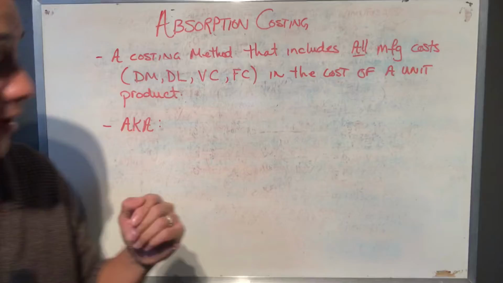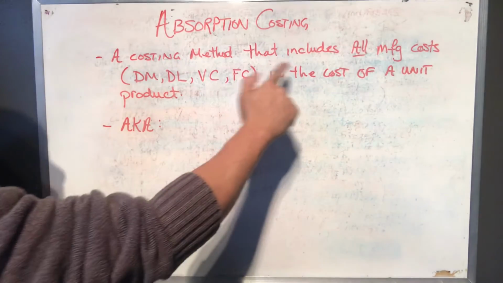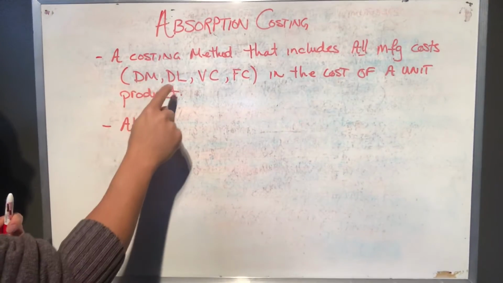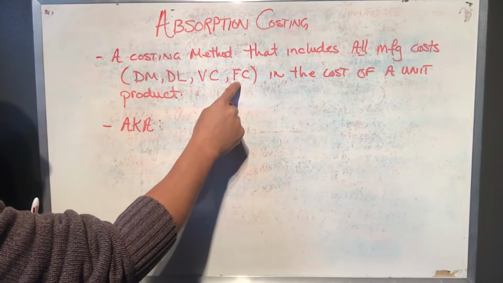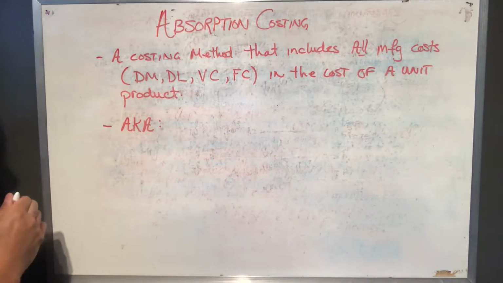So on here, I have the definition of absorption costing. It's a costing method that includes all manufacturing costs. So that includes direct materials, direct labor, variable overhead, and fixed overhead in the cost of a unit product.